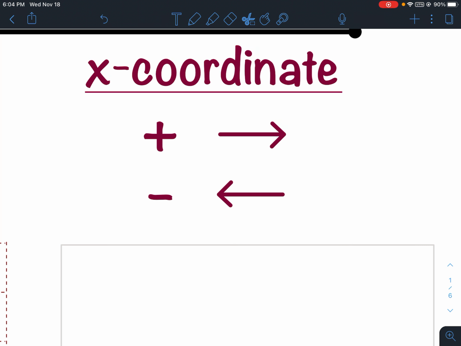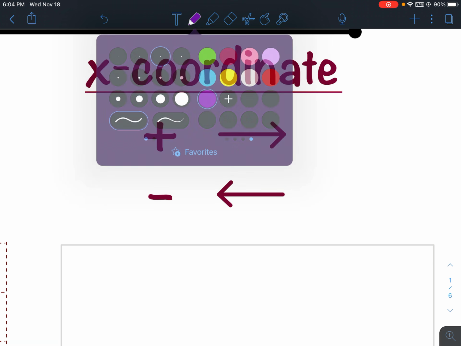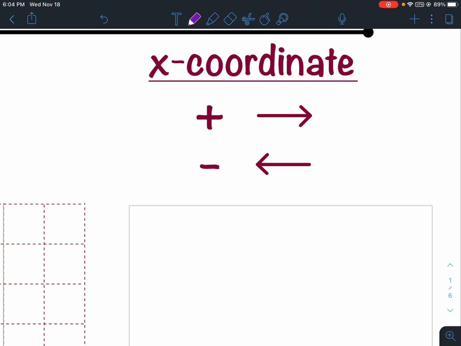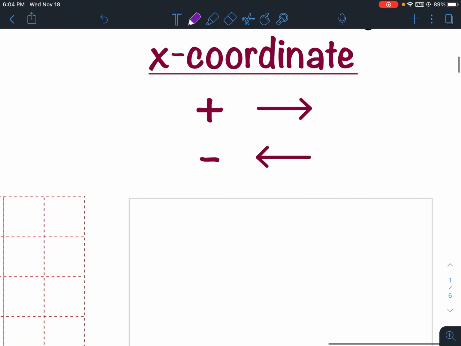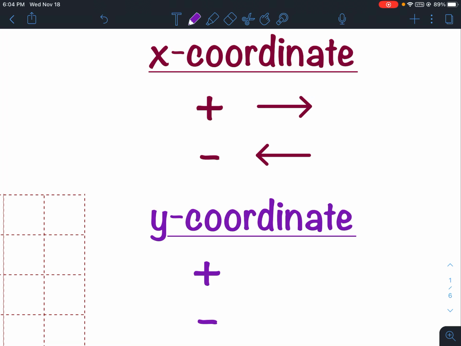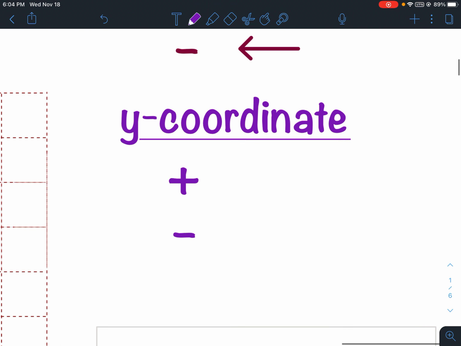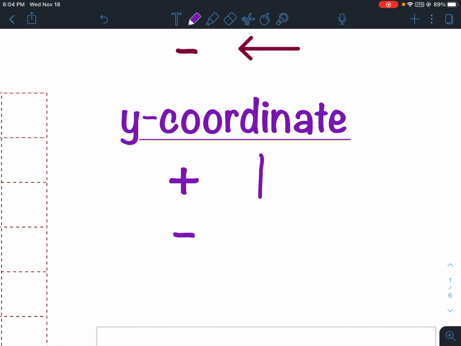Pause your video, get all that written down. So again, positives to the right, negatives to the left. The second number is your y-coordinate. If the y-coordinate is positive, you'll move up.